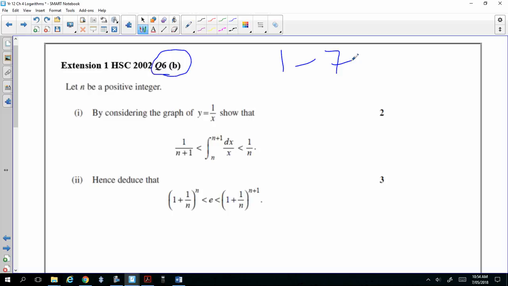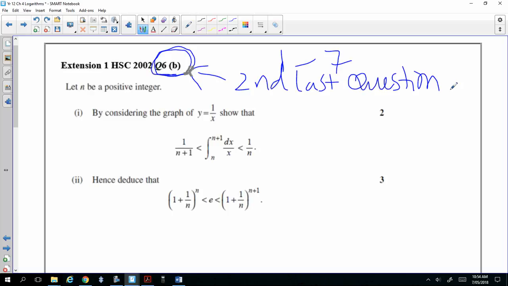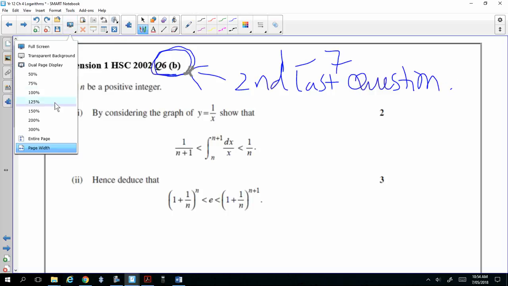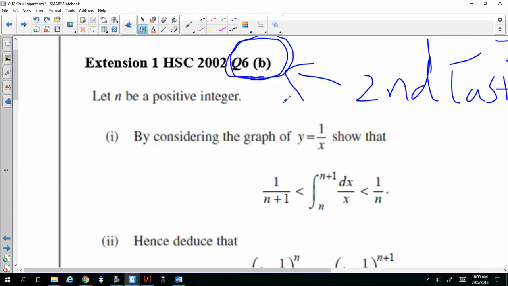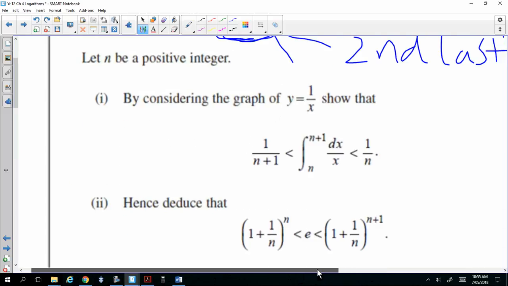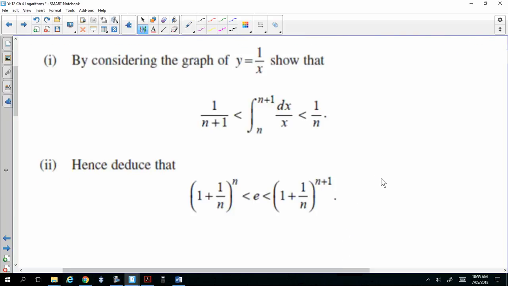Okay, alright, so we're going to look at this question, which is related to what we do. So the first question, worth 2 marks, is by considering the graph of this, show that this integral is between these two numbers. Let's draw a graph, see what that looks like. So we're going to draw a graph of 1 over x.